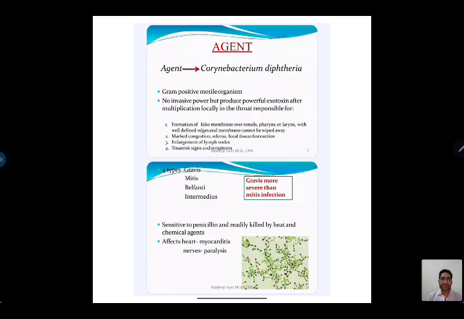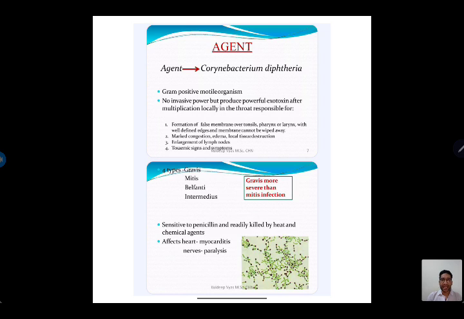The agent is Corynebacterium diphtheriae, a gram-positive, non-motile organism, non-invasive but producing a powerful exotoxin after multiplication locally in the throat, responsible for formation of a false membrane over the tonsils, pharynx or larynx with well-defined edges. The membrane cannot be wiped off easily.